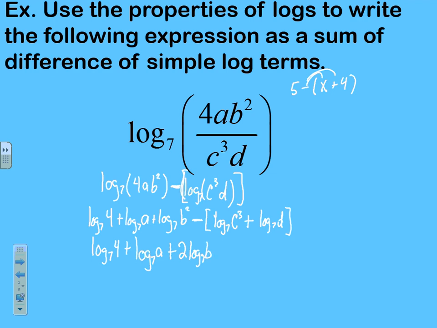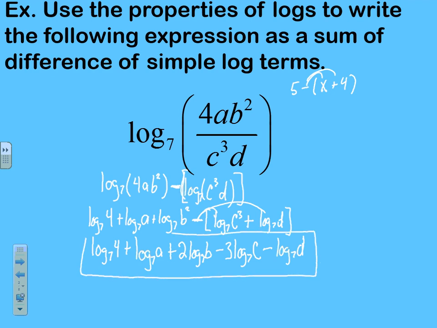Okay, now I'm going to go ahead and distribute the negative into the parentheses, and I'm also going to take care of the exponent on the c at the same time. So the negative to the log base 7 of c cubed will make the whole thing negative, and the 3 in the exponent comes down as a coefficient, so I have a negative 3 log base 7 of c, and there are no exponents that we need to worry about on the d term, but we did distribute the negative sign into the parentheses, so I'm going to say minus log base 7 of d, and that whole enchilada is your answer.